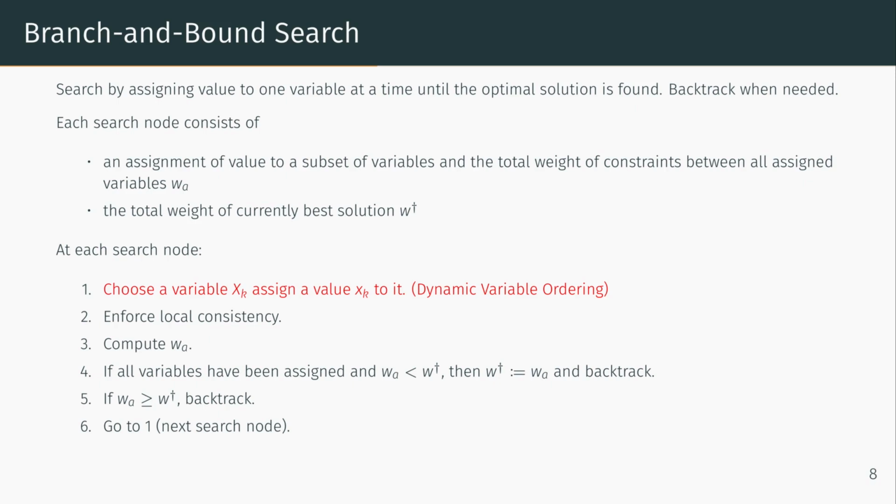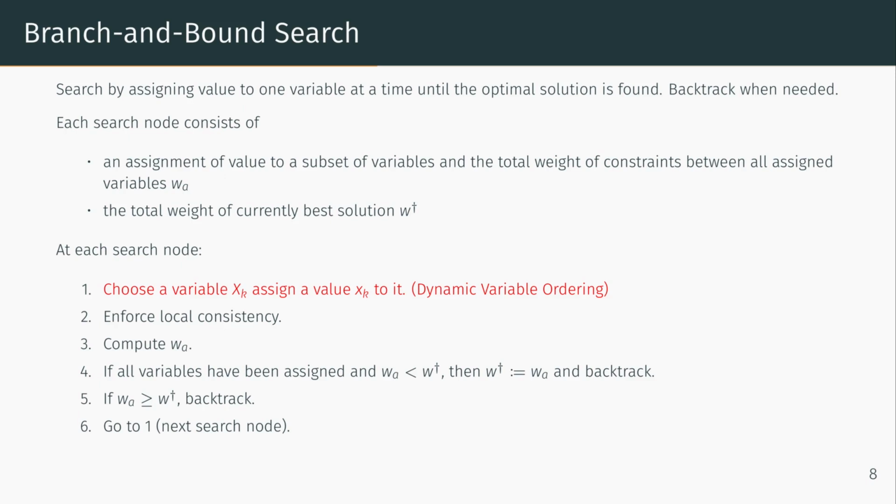Then it computes WA, and after computing WA, if all variables have been assigned and WA is smaller than the currently best solution W dagger, then we update W dagger to be WA and backtrack.